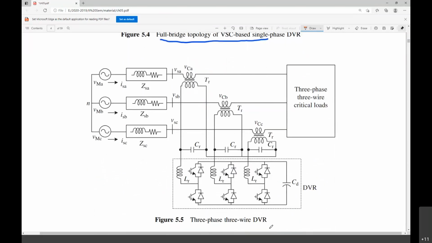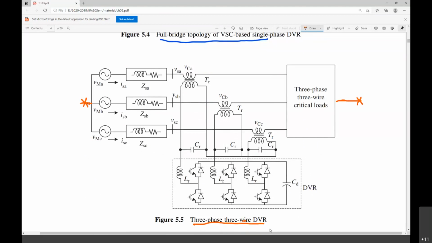Next, this is a typical three-phase three-wire DVR. This is a system in which there is no neutral connection between the loads as well as the supply source.